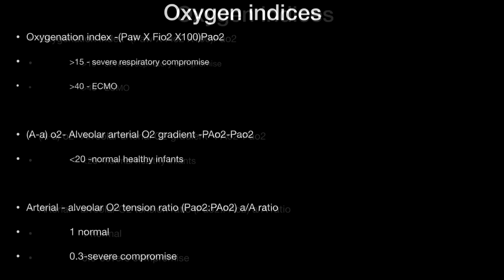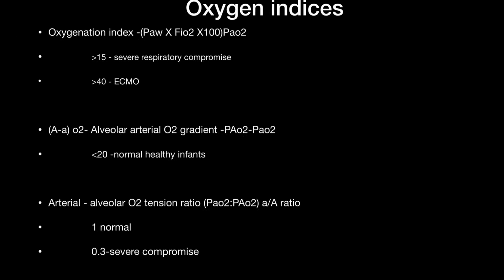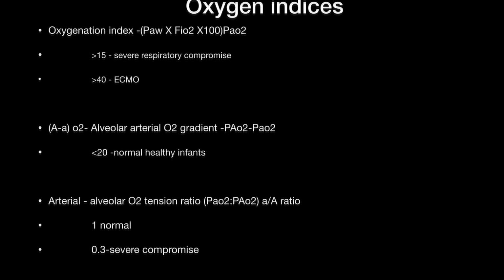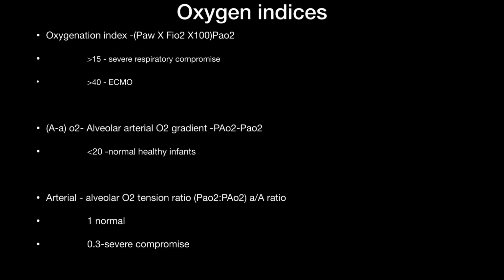The second index which we need to be familiarized with is AaDO2 or AaO2. AaDO2 is simply the gradient, or the difference, between the partial pressure of oxygen in the alveoli and the partial pressure of oxygen in the pulmonary capillary.